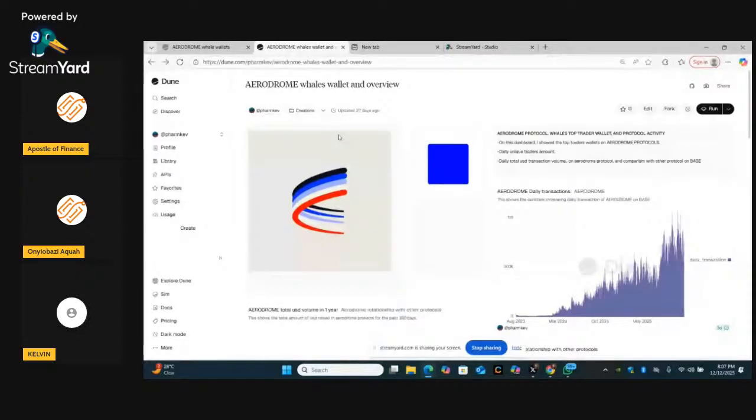I've been doing some work on Base, and I've seen that Aerodrome has been one of the top protocols in that ecosystem. Because of that, I was curious to know the story behind it and make it clear to me. That's why I made this dashboard, so that I can break it down to the community and to the on-chain space as a whole. Thank you very much.